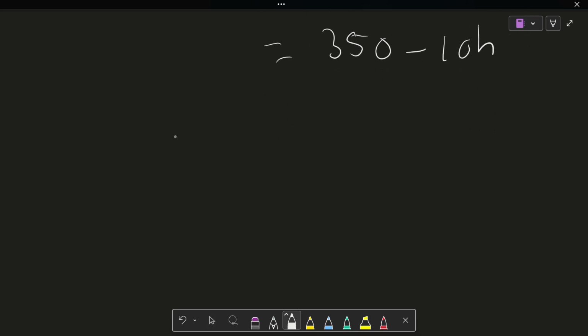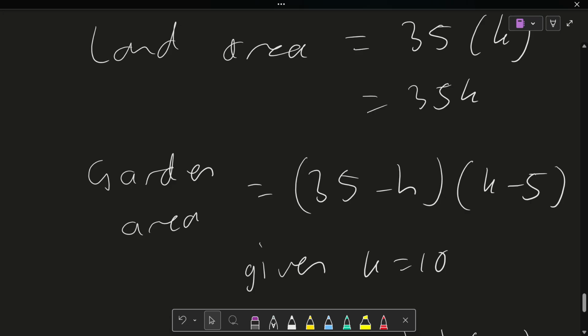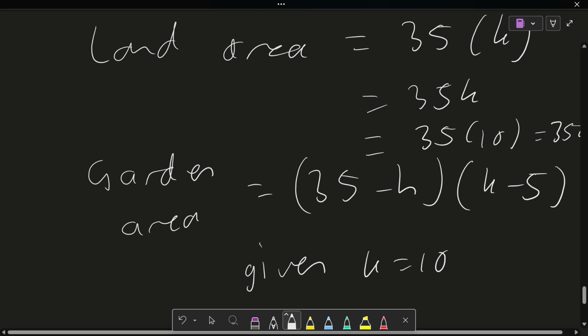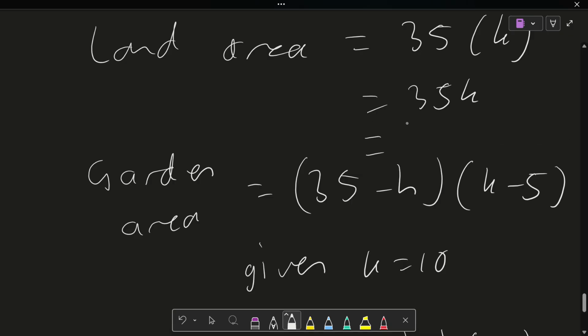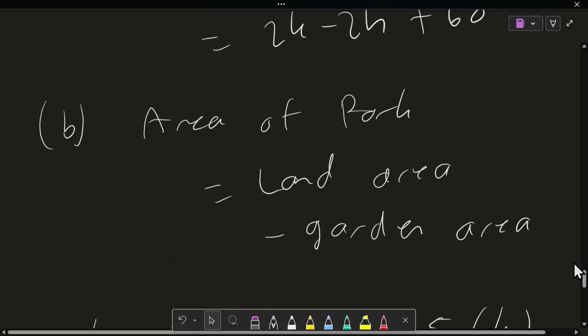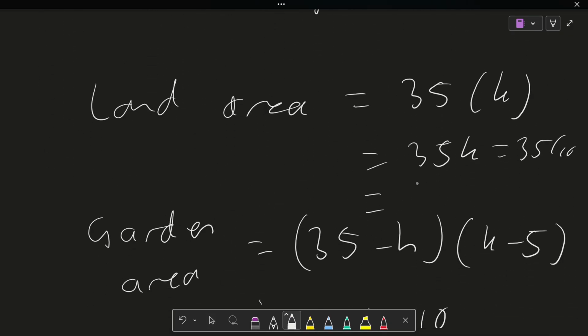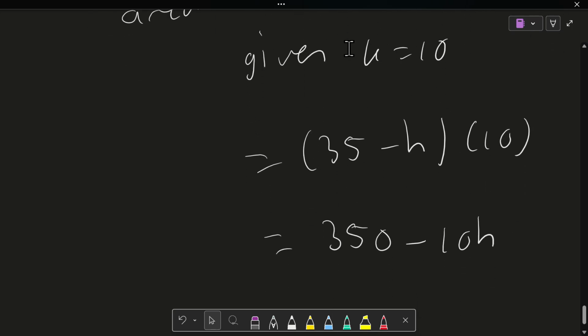Since k is 10, here would be 35 times 10, which is 350.